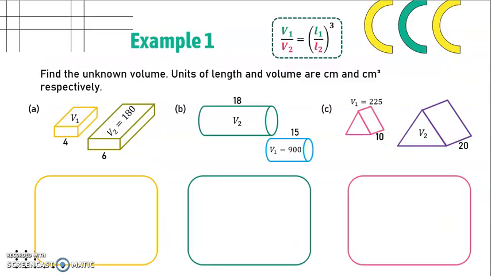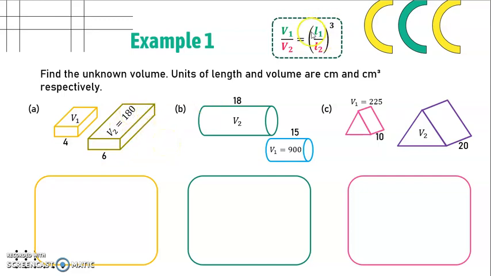Let's try some examples on how to apply this formula. Find the unknown volume. Units of length and volume are centimeter and centimeter cube respectively. Since it's a volume, we use this formula. Let's start with the first one. We have two similar cuboids. V1 is unknown, with a side of 4, corresponding to V2, side of 6, with the volume of 180 centimeter cube.